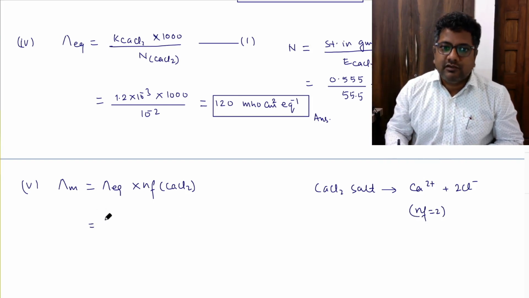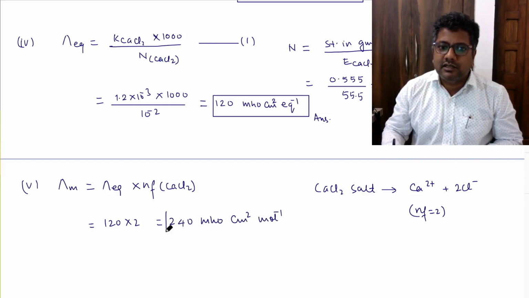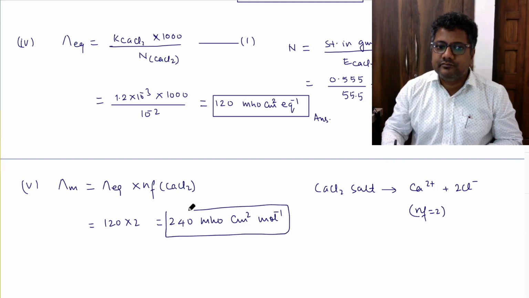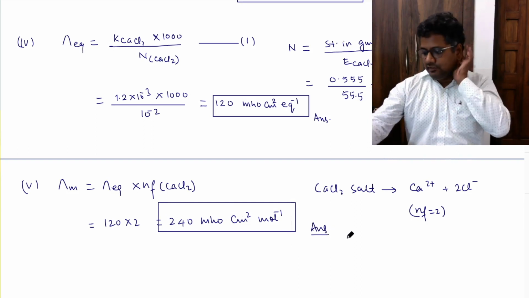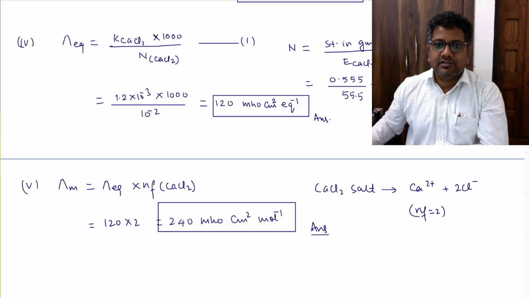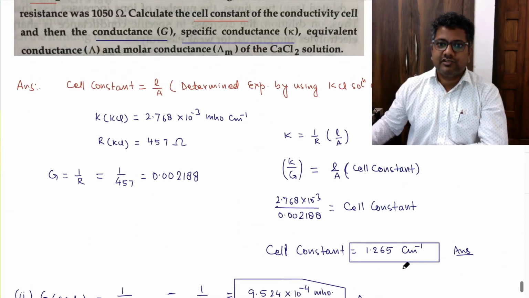So this is equal to 120 into 2, which is 240 mho centimeter square per mole. So this is the answer. In this way you have calculated all the parameters.